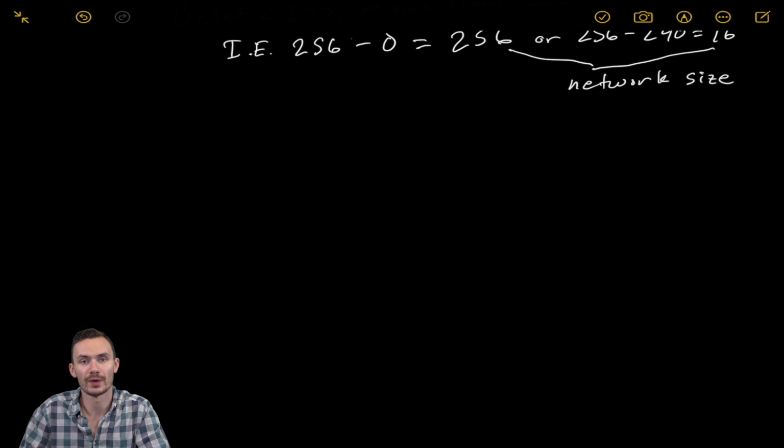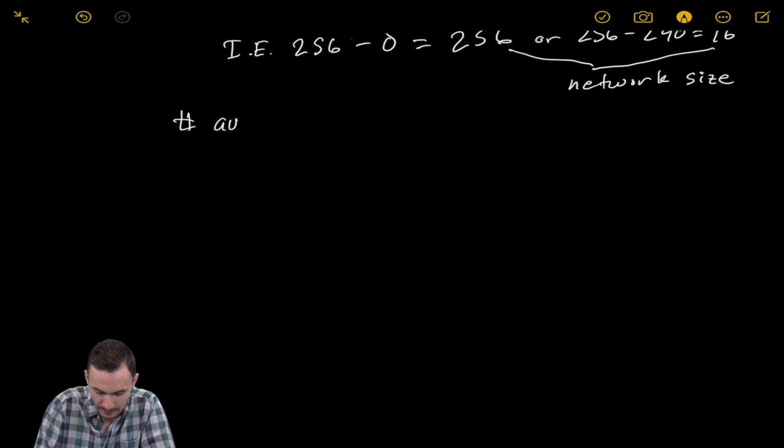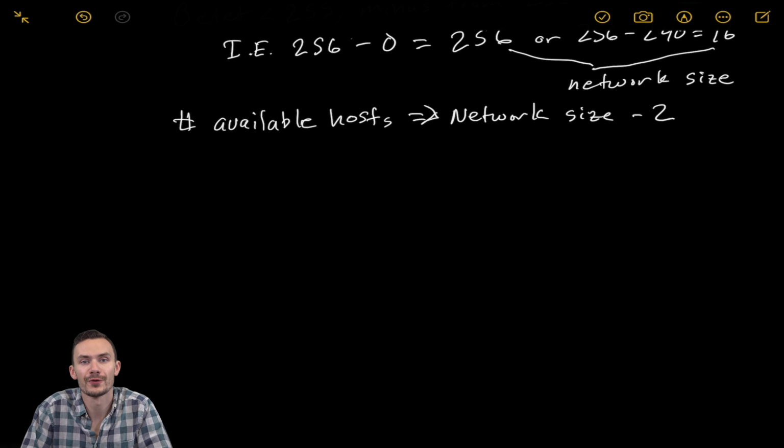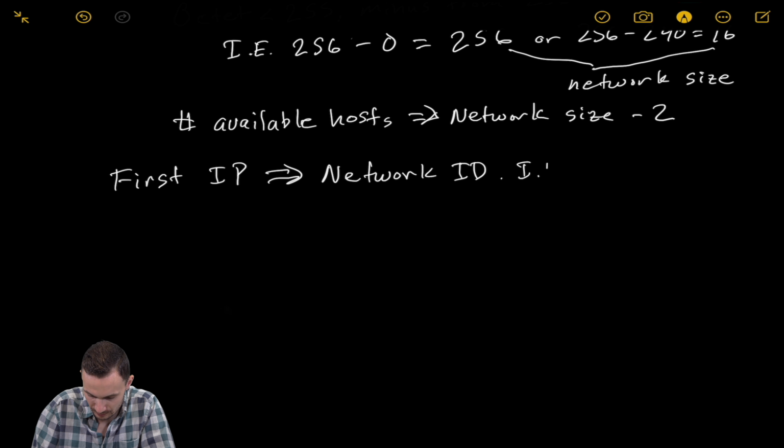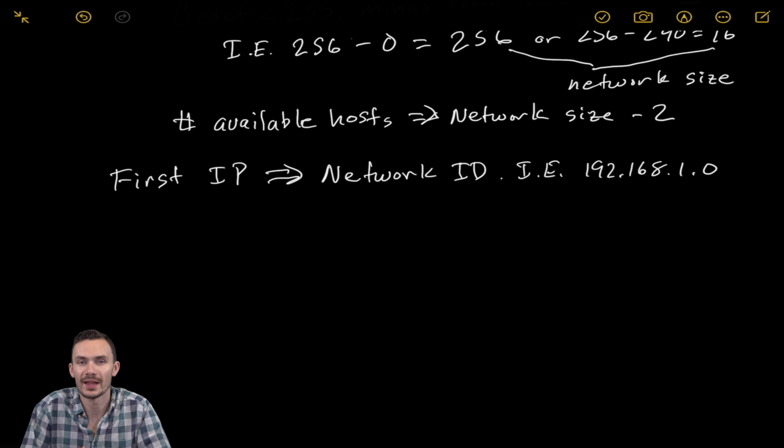To figure out the network range, or number of available hosts, we need to take the network size and subtract it by 2. The first IP address is reserved for the network ID. This identifies the network to devices. The last IP address is reserved for the broadcast ID.